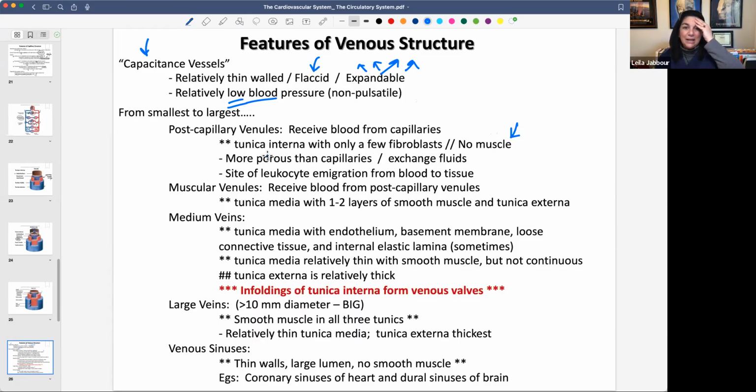At the level of the venules, we have a more porous wall than capillaries, because that's where most of the exchange of fluids takes place, as opposed to the gases that were exchanged previously by the capillaries.